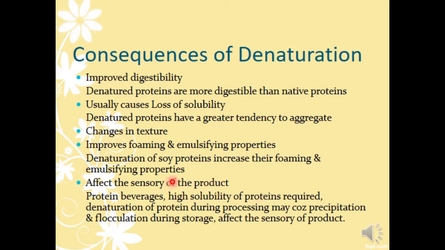So if processing leads to denaturation of the protein, it will lead to precipitation and flocculation during storage, and therefore it will affect the sensory of the product. It is no longer in a soluble form, it becomes a mixture of solid and liquid, which is undesirable.